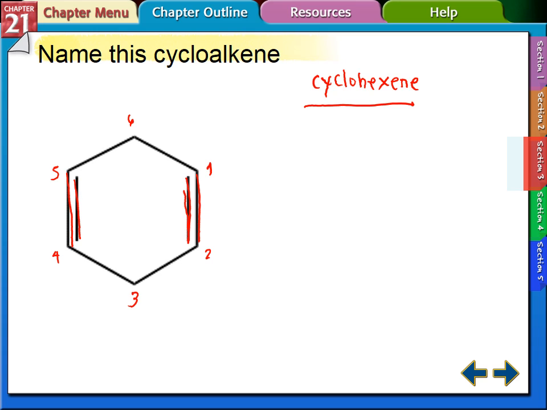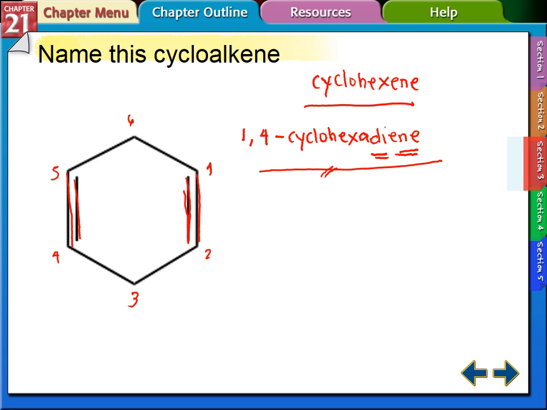So how do we name this one? We have to determine the location of the first double bond. Numbering it this way, we will have 1, and then the other one would be 4. So 1,4-cyclohexadiene. This means that we have two double bonds existing in our ring.